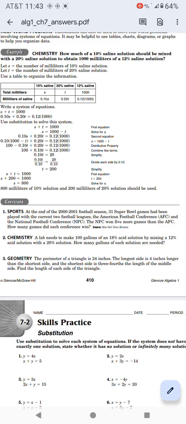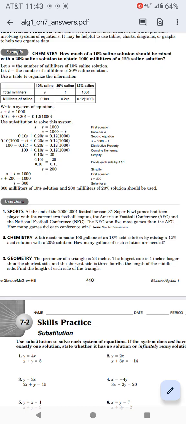It says at the end of the 2001 football season, 31 Super Bowl games had been played with the current 2 football leagues, the American Football Conference AFC and the National Football Conference NFC. The NFC won 5 more games than the AFC.